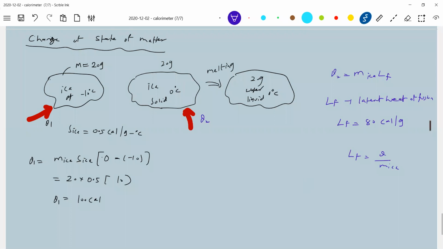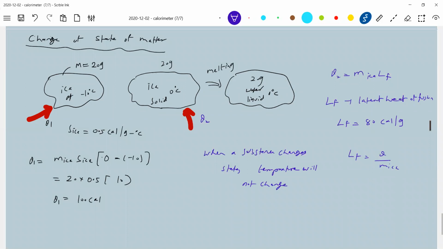So what is the conclusion we can make? When a substance changes state, temperature will not change.